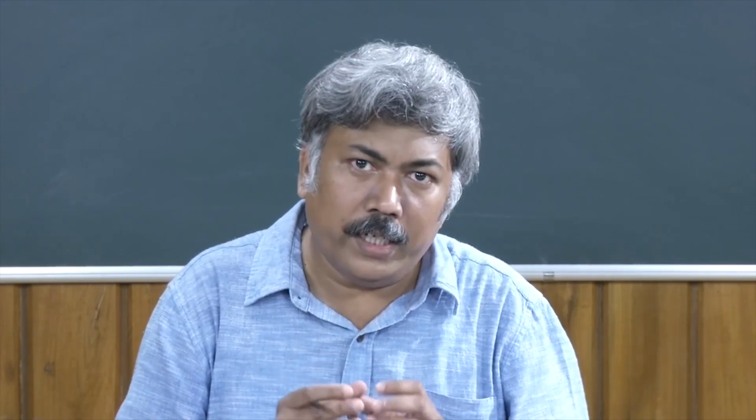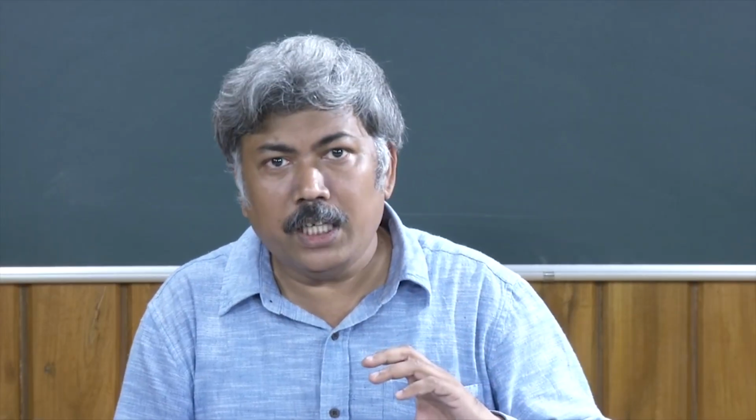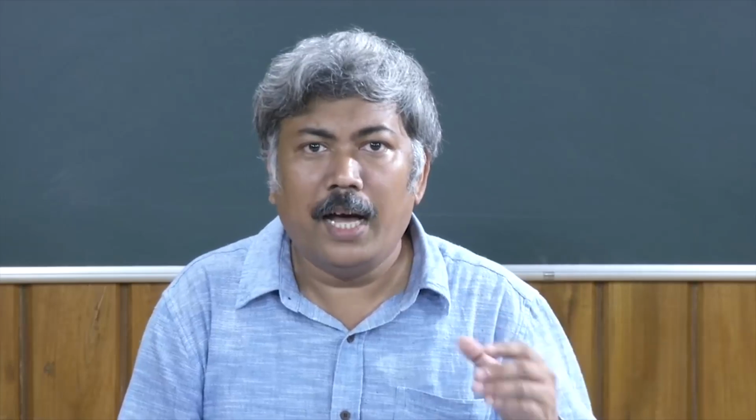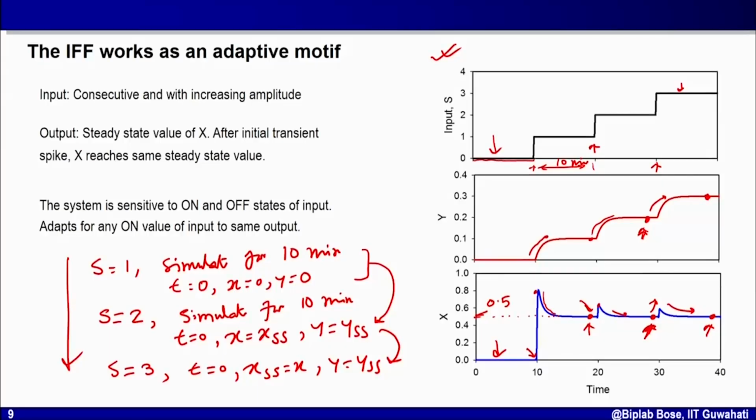So in this system, the motif can differentiate between on and off. When S equal to 0, obviously X is also equal to 0, the steady state value is 0. But once you make S non-zero, irrespective of the value of S, whether it is 1, 2, 3, 4 or 5, I always get the same higher steady state value of X, which is here close to 0.5. So the system is like this.